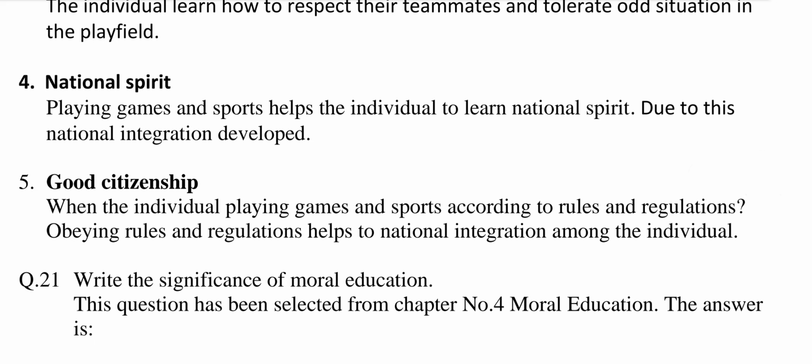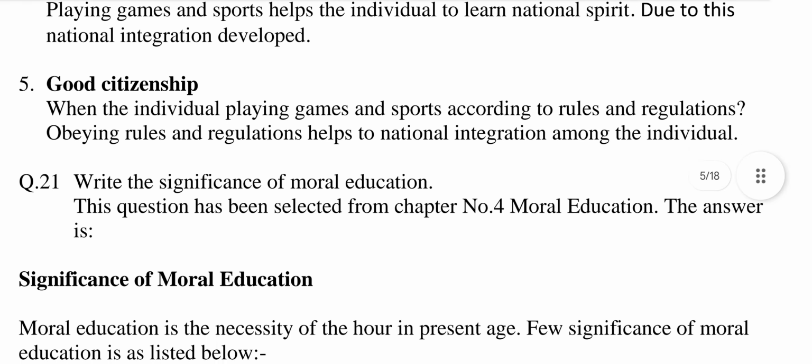Playing games and sports helps the individual to learn national spirit. Due to this, national integration is developed. Number 5, good citizenship. When the individual plays games and sports according to rules and regulations, obeying rules and regulations helps national integration among the individuals.